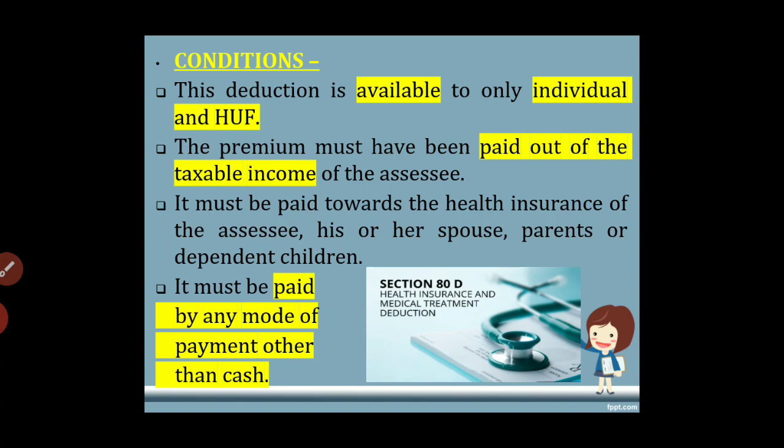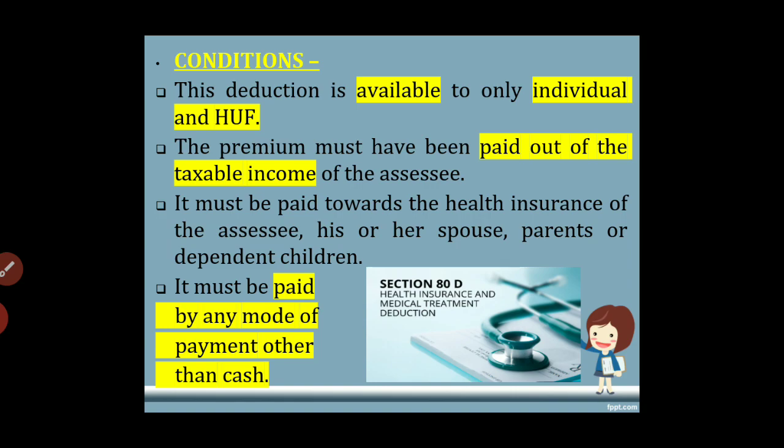The income you earn under the 5 heads, and that too the taxable income on which you have to pay tax to the government. This medical premium must be paid out of that taxable income. The premium must not be paid out of any exempted or tax-free income. This is condition number 2. It must be paid out of the taxable income, not a tax-free income.